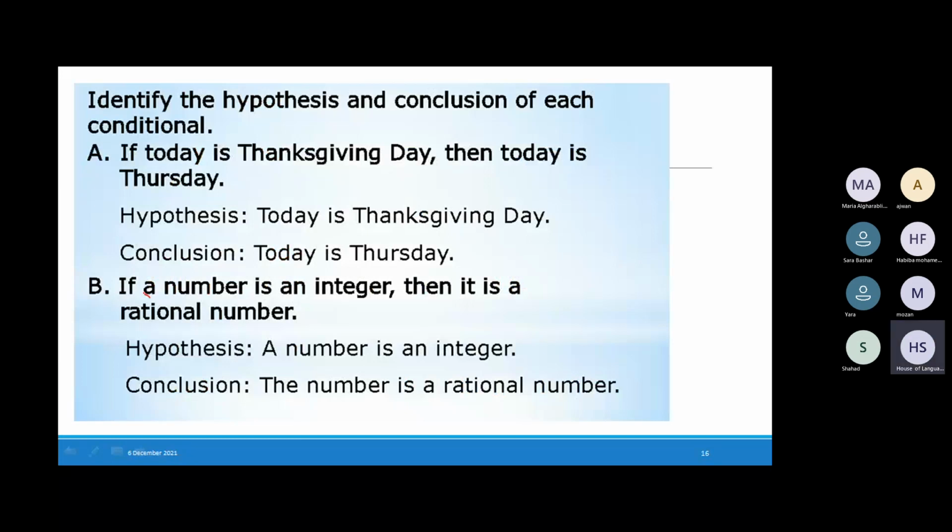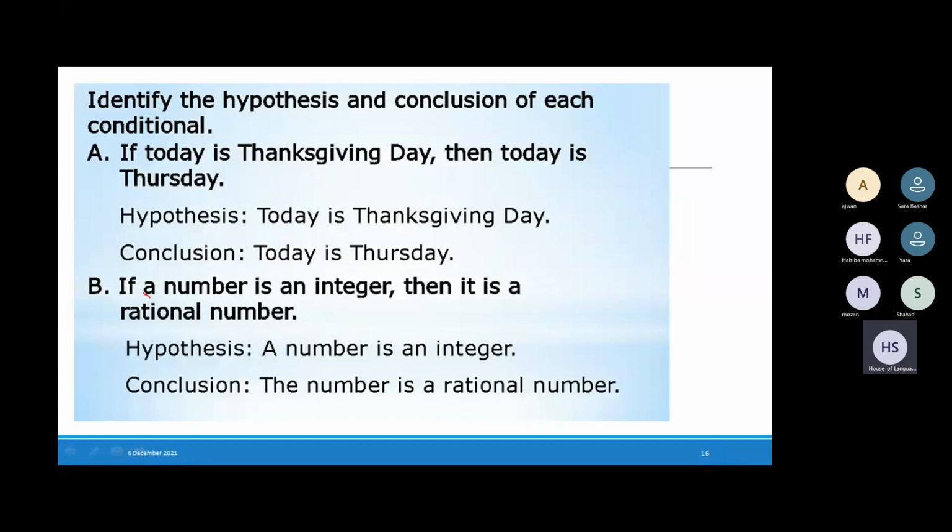The second one. If a number is an integer, then it is a rational number. Yes, true. Where is the hypothesis? A number is an integer. If the number is an integer, like the number 5, then it must be a rational number.